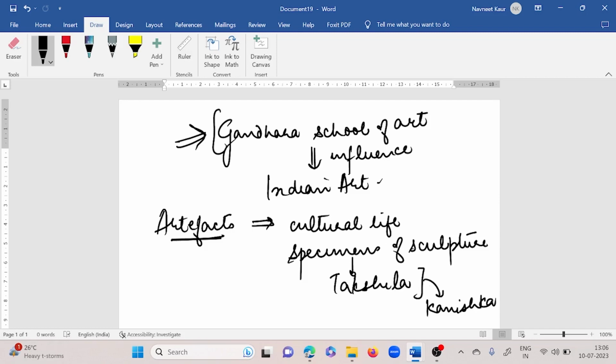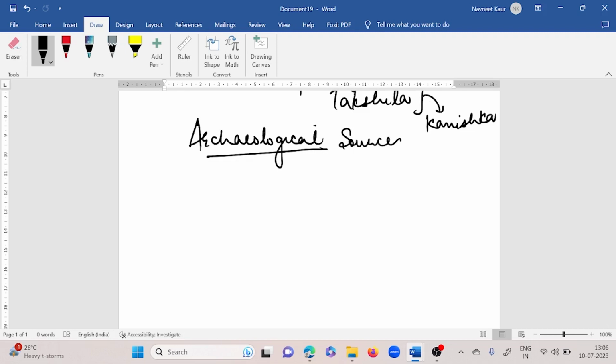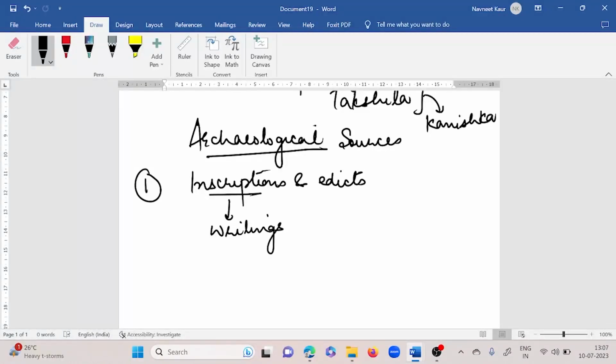Right? So this was about archaeological sources. In the archaeological sources, we covered number one, inscriptions and edicts. We studied that these are the writings which have been engraved on rocks, pillars, and all those things. What do they tell us? They tell us three things.